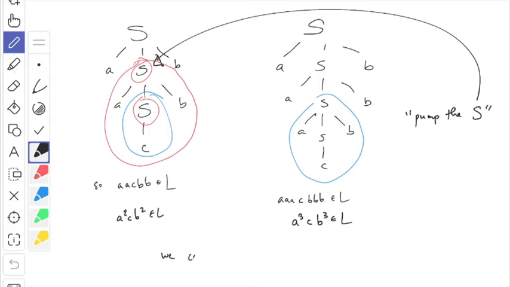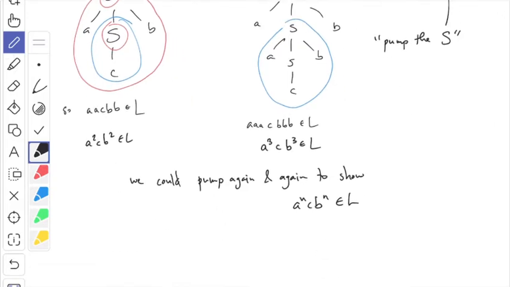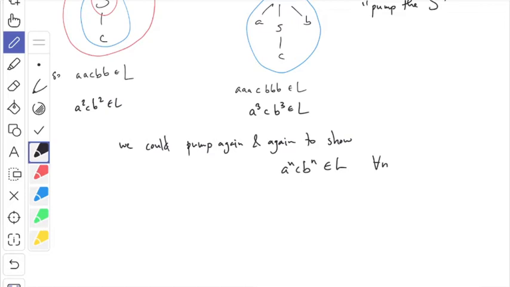We could pump again and again, to show actually in this example that a to the n, c, b to the n is in L for all n at least bigger than or equal to 2. 2 was the one we started with. Any one greater than that, all of those also must be in L. This is the idea behind pumping parse tree.